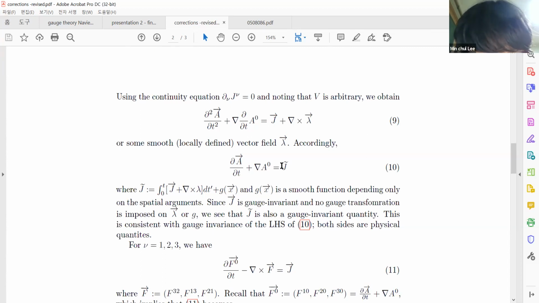Phi is hidden in J tilde. And the left-hand side is invariant under the above transformation for A.